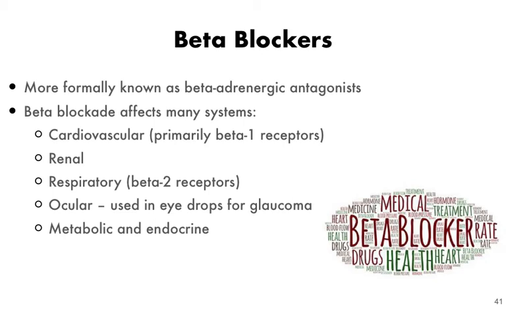They can affect the cardiovascular system, which is what we're talking about here, and in that way we want to primarily target the beta 1 receptors. But they also have effects on the renal system and the respiratory system, primarily on beta 2 receptors. In the eyes, we use eye drops that are beta blockers for glaucoma. And even in the metabolic and endocrine systems, we see effects of beta blockers.